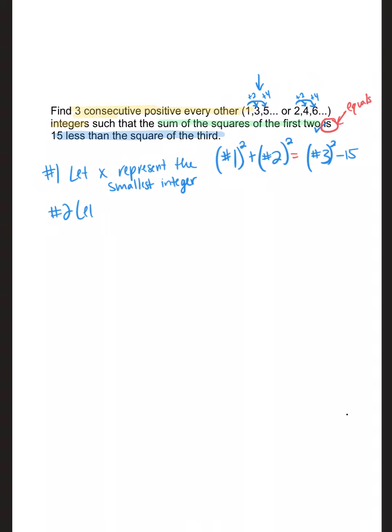So we're going to let x plus 2 represent the second number. And then hopefully we can see where this is going. So for number 3, we're going to let x plus 4, not plus 3, x plus 4 represent the third number.